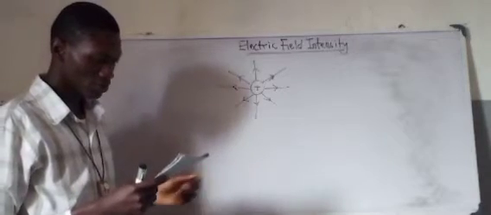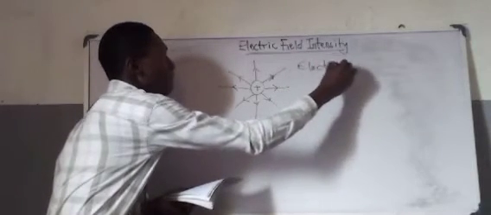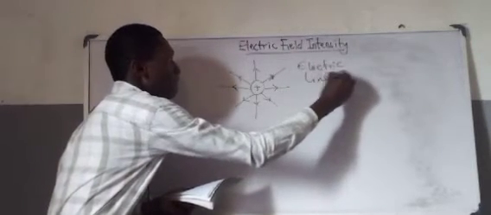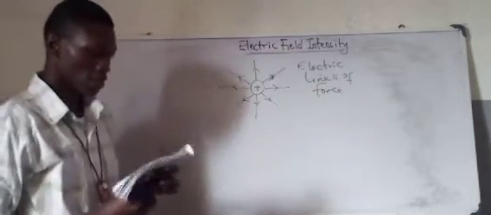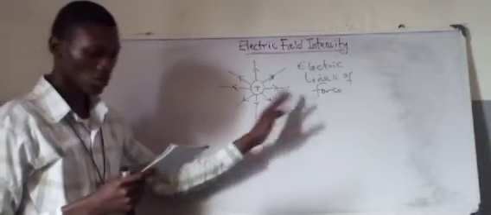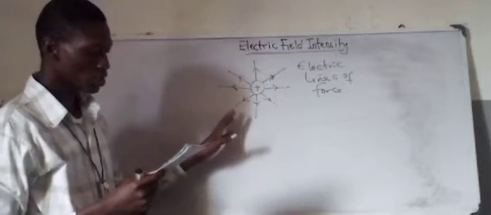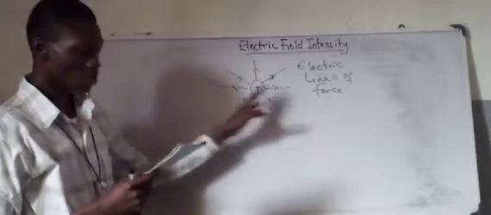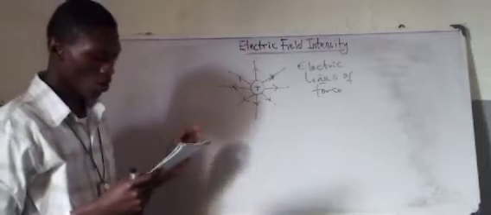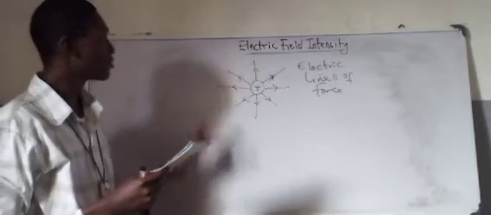So we say that the electric lines of force is that line that shows the pattern or shows the direction of the field when a test charge is placed in an electric field.